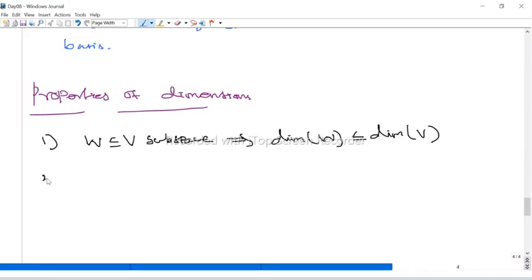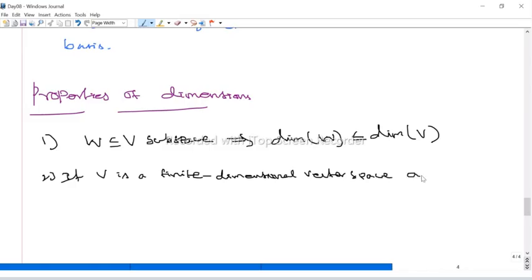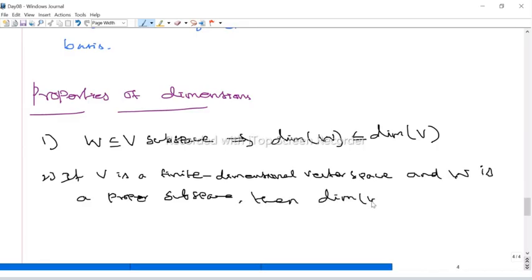So otherwise we can write: if V is a finite dimensional vector space and W is a proper subspace, then the dimension of the subspace W is strictly less than the dimension of V.